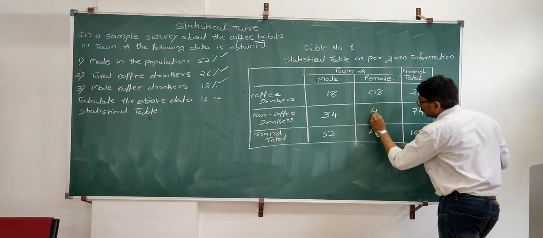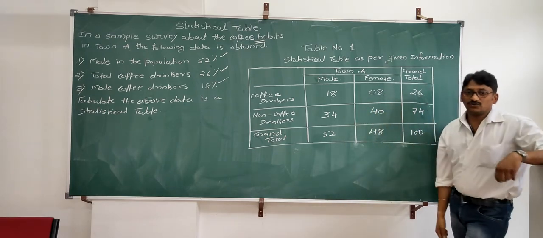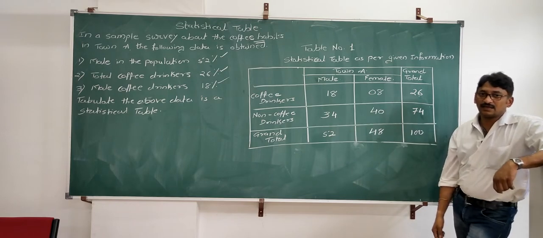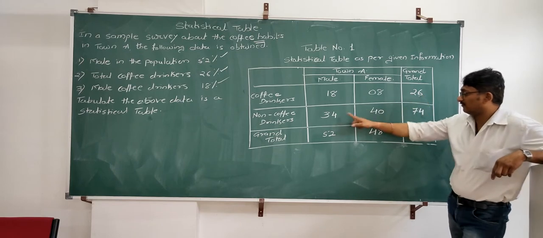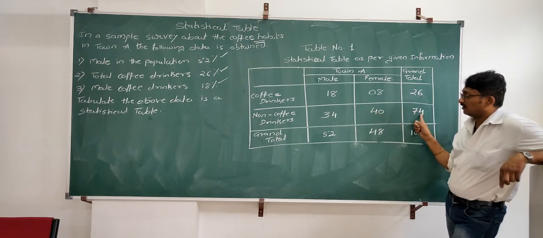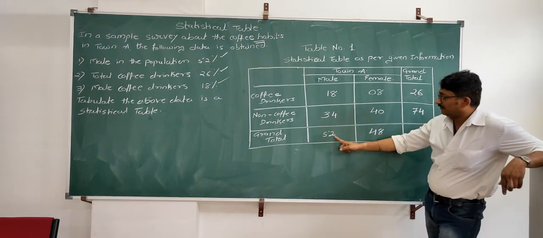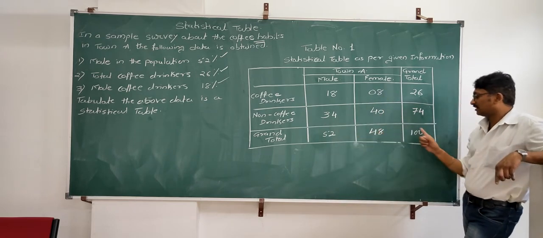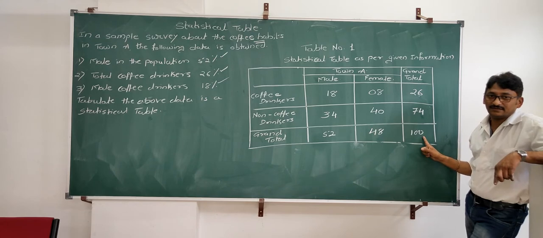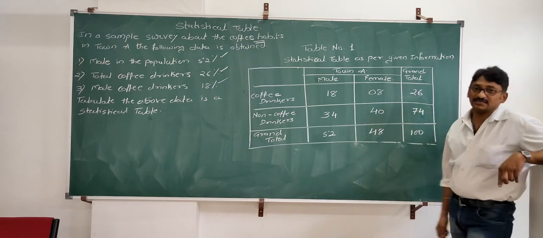So remaining 40 are non-coffee drinkers. Once check the total. 18 plus 8, 26. 34 plus 40, 74. 18 plus 34, 52. 8 plus 40, 48. 52 plus 48, total is 100. This is called your statistical table.